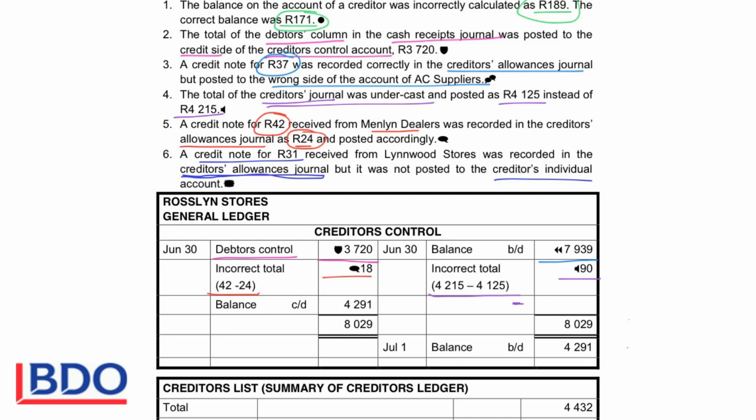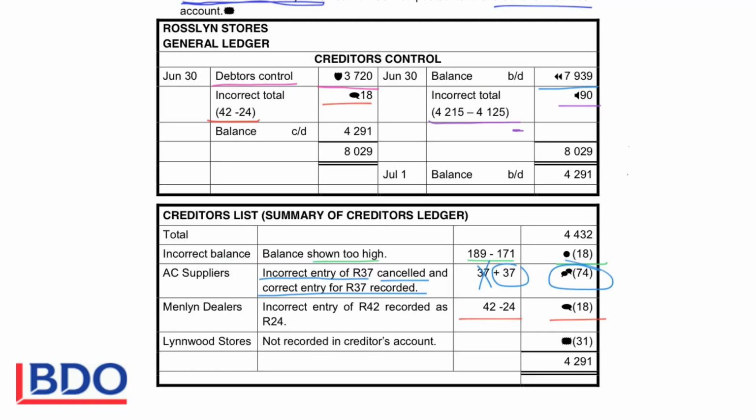There is only a mistake in the individual account of Linwood Stores. A credit note will decrease a creditor, therefore we will have to show it on the debit side of Linwood Stores. Linwood Stores will then be debited with 31, that will decrease the account of Linwood Stores.